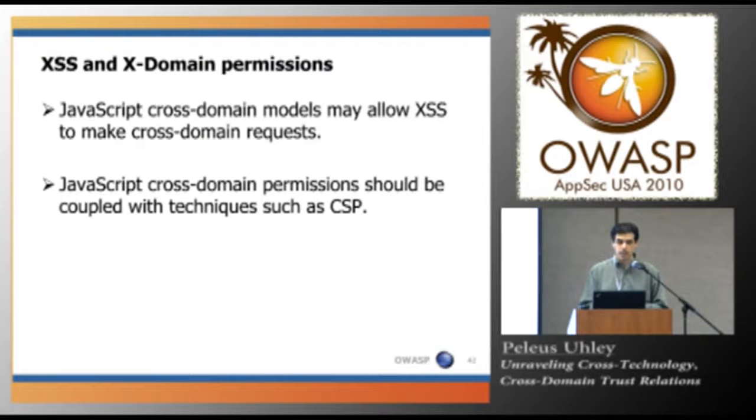Last night, Brandon talked about content security policies and the way that they can be used to reduce cross-site scripting. I would recommend that if you're going to set up an environment where you're going to be using cross-domain XHR requests, you couple that with content security policies to help reduce cross-site scripting, to ensure that a cross-site scripting attack against your page doesn't also give access across domain to other people's domains.